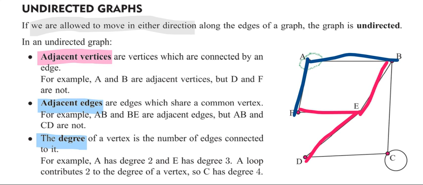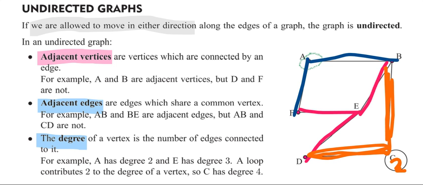So this is 2 itself, 2 plus 1 is 3, and 1 more is 4. That means it has degree 4 at C because of the loop, which contributes 2 degrees, plus the actual edges like this and this.